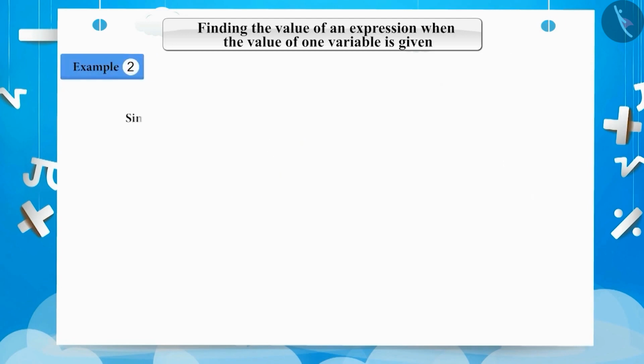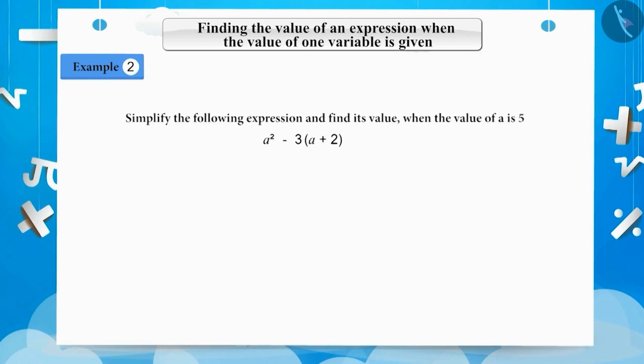Example 2. Simplify the following expression and find its value when the value of a is 5. a square minus 3, a plus 2. Simplifying this expression, we get a square minus 3a minus 6.